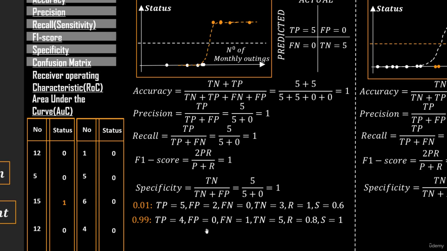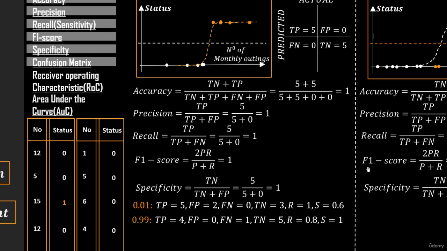Then the number of false positives is 0. So all data points marked as positives are actually positive, so we have no false positive. The number of false negatives is 1, because this point becomes a negative, which is not true, so we have this point to be 1. The number of true negatives is 5, so all these other points are true negatives. We have now a recall of 0.8 and a specificity of 1.